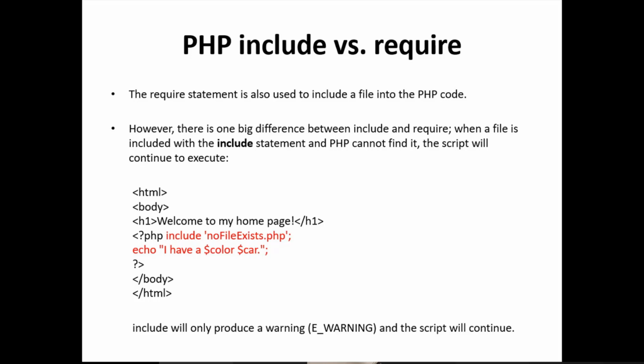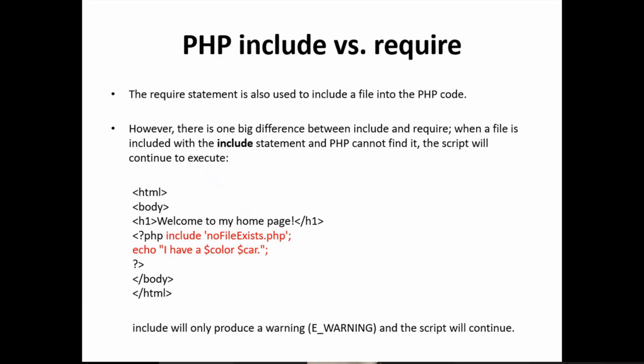For example, we have a code: welcome to my home page. Include no file exists, and echo I have a $color $car. Those are variables. Where are these variables declared? They are declared inside this no file exists.php.